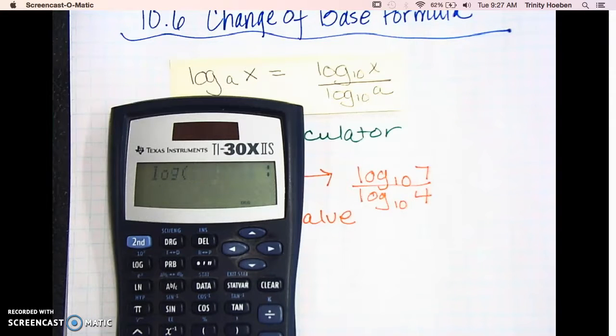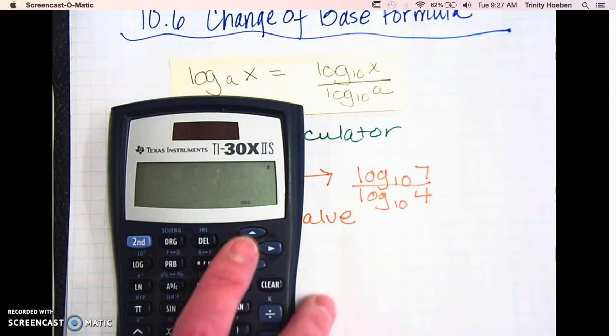It's going to give you the first parenthesis, and then you're going to type 7. So we're going to do log base 10. It doesn't show you the 10, but the calculator only does base 10. So it's in there. Okay, so we're going to do log base 10 of 7 divided by log base 10 of 4. Then you're going to hit the equal sign.